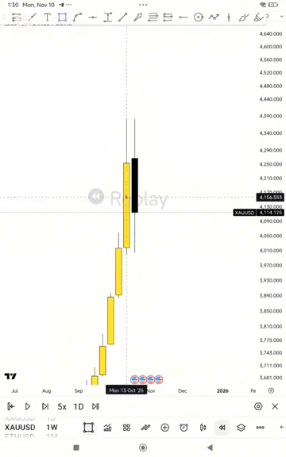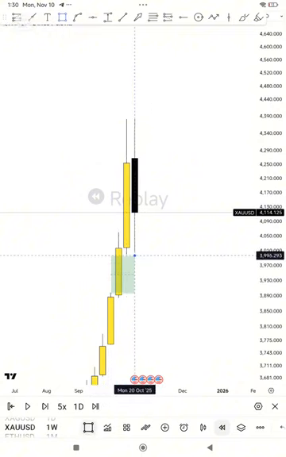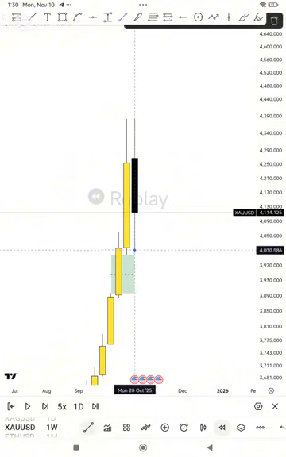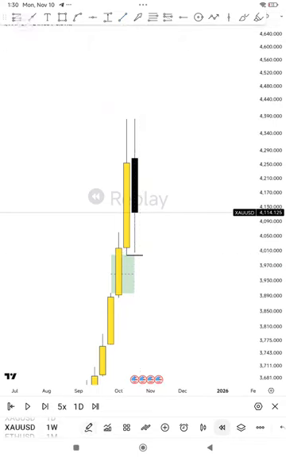If you spot this FVG, this fair value gap, this key level, and the resting liquidity of these two candles, right of this candle and the candle after this, then congrats, you are on the right track.